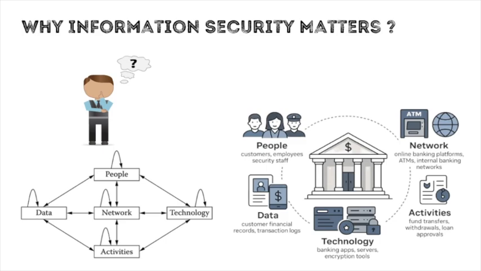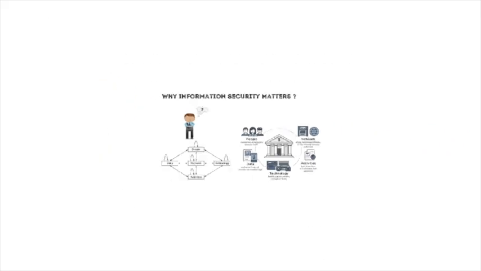Technology: banking apps, servers, encryption tools. Data: customer financial records, transaction logs. When we use an ATM, all these layers are involved. Each layer plays a vital role in ensuring complete security. If one fails, the entire system becomes vulnerable.